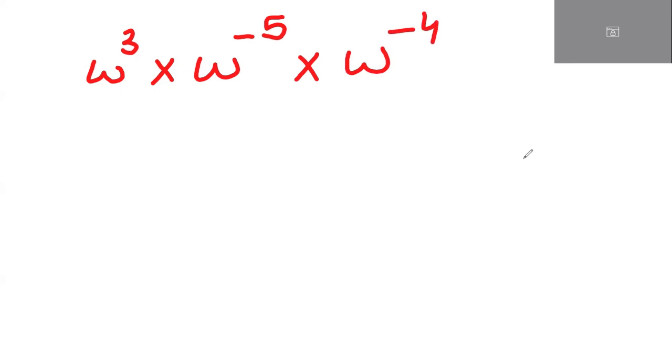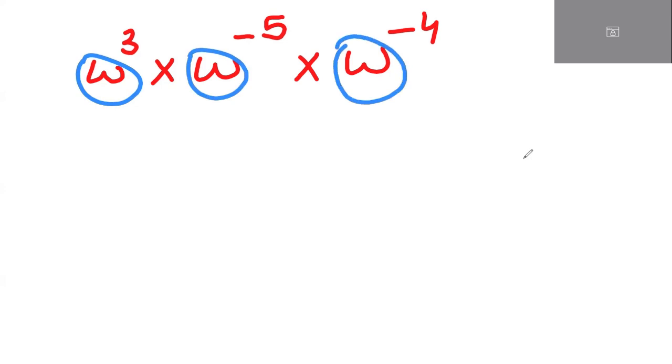Again, the same rule to be followed. Bases are same. This is the base, this is the base, and this is the base. So you have to add the powers. w raised to the power 3 minus 5 minus 4.